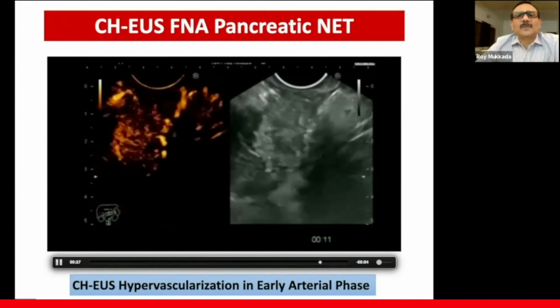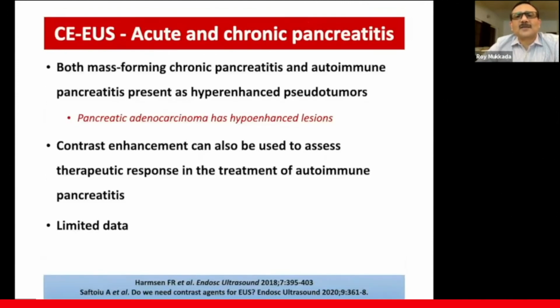So coming to acute and chronic pancreatitis, both mass-forming chronic pancreatitis and autoimmune pancreatitis present as hyperenhanced pseudotumours. So pancreatic adenoma has a hyperenhanced lesion, as we have seen. Contrast enhancement can also be used to assess the therapeutic response in the treatment of autoimmune pancreatitis, with limited data.